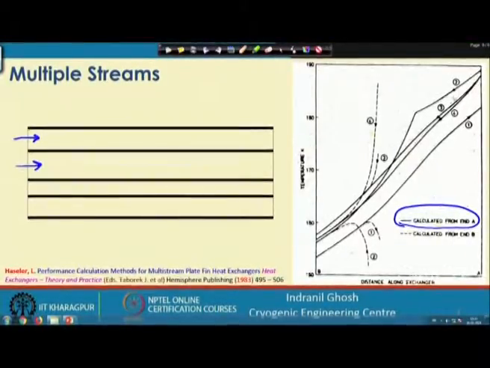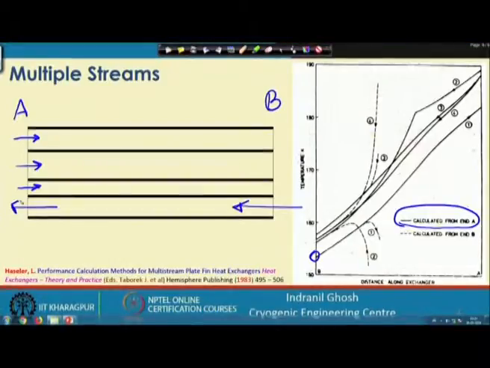You see 2, 3, 4, they are entering from one end, and that end has been designated as A, and the other end is designated as B, and from the B end the fluid number 1 is flowing from end B to end A.